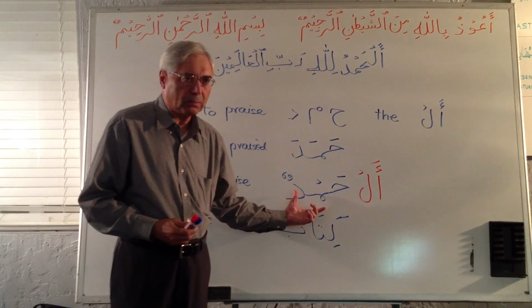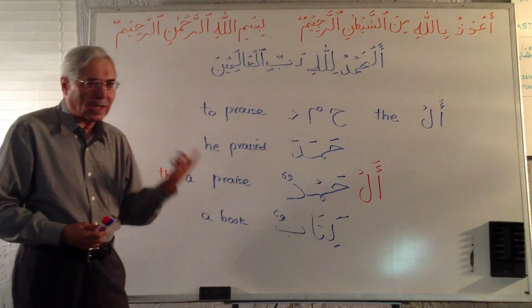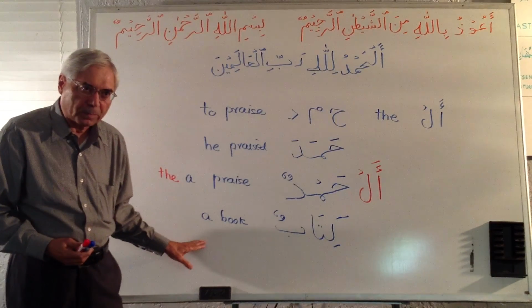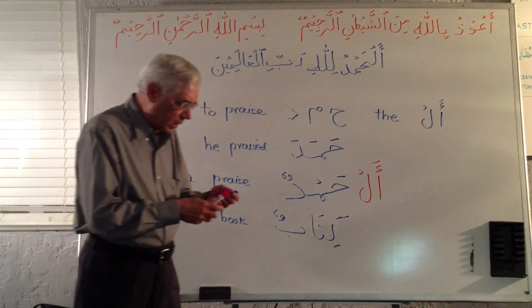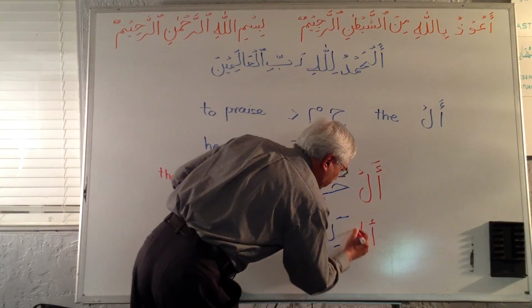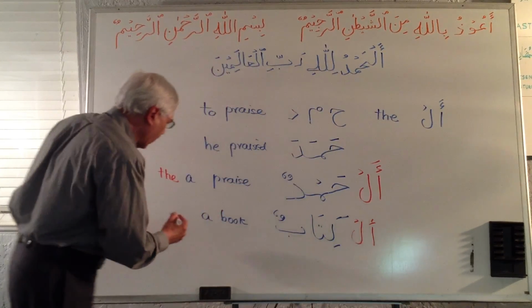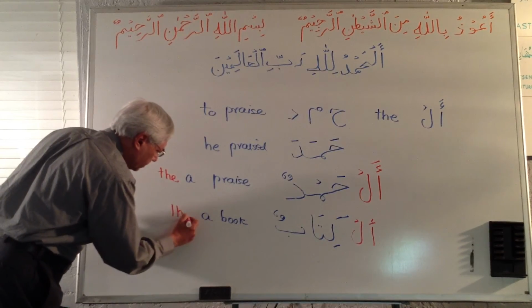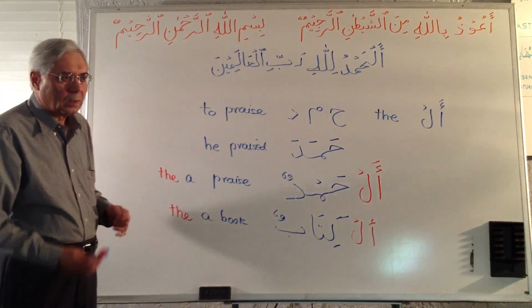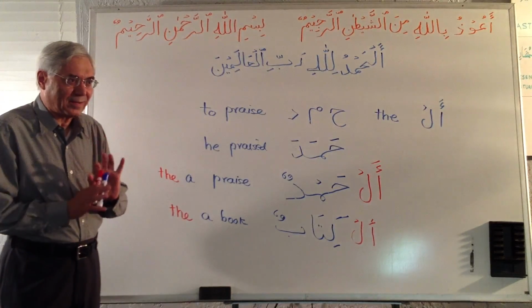The word was hamdun, and it means praise, or kitabun, a book. So if I put al in front of this, for example, then I have to put the here. It makes it specific. No, it's not done yet.